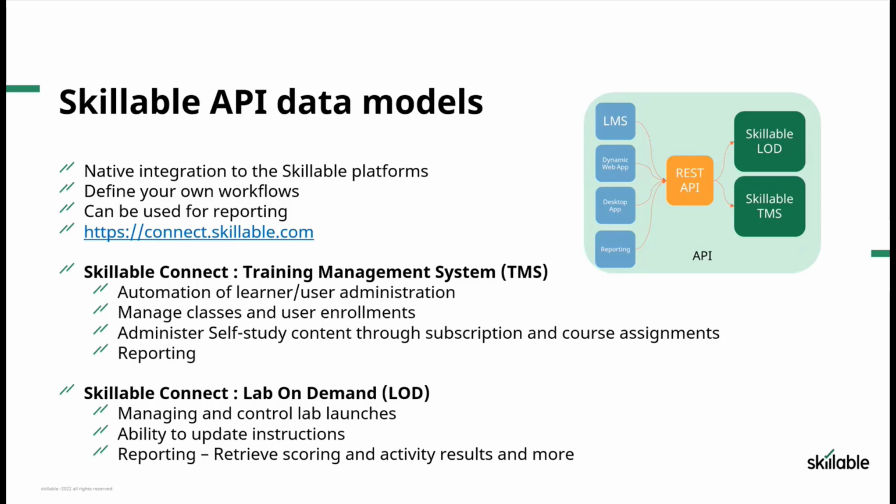The Skillable Connect TMS edition, or the training management system, what does it expose? Well, remember I mentioned there's over 100 commands between both of the APIs, both TMS and LOD, that expose so much of the learning ecosystem, either on the labs or on the TMS.